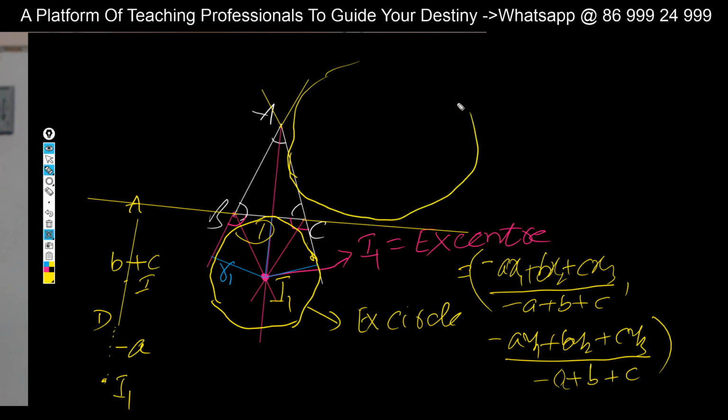Touching all the 3 sides, you will have I2 here, the excenter. You will have R2 here, second excenter, second exradius. Similarly, on this side also you will have one more circle.